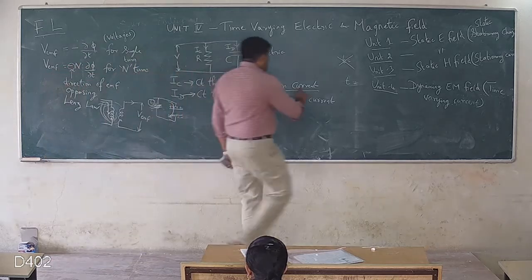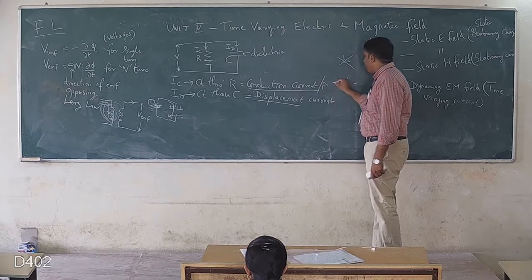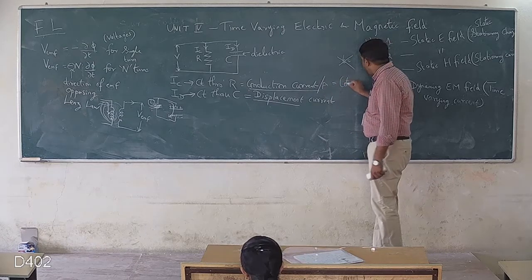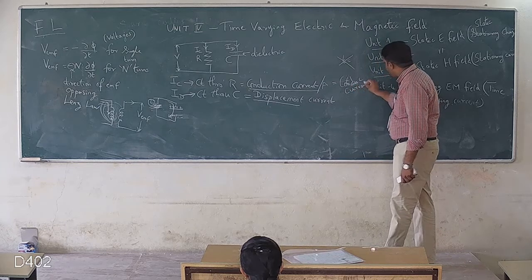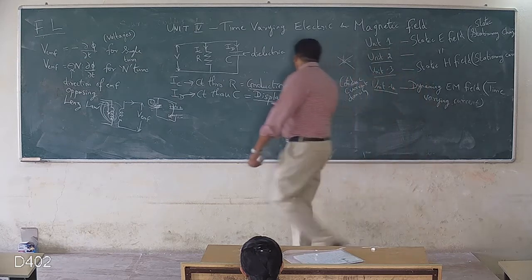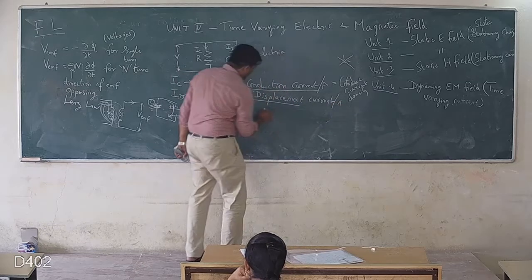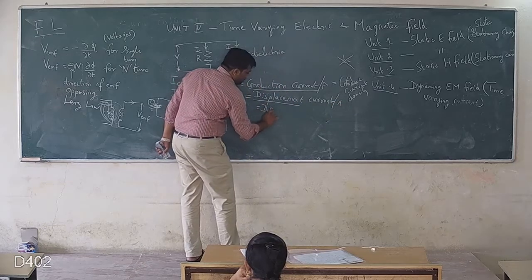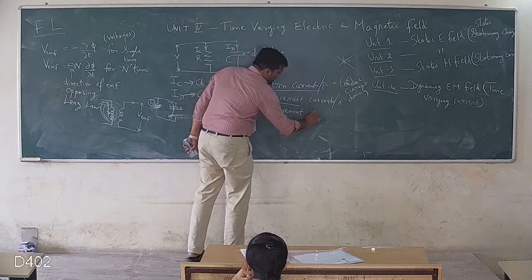If the conduction current is taken per unit area, that is called conduction current density. Again, if the displacement current is taken per unit area, that is called displacement current density.